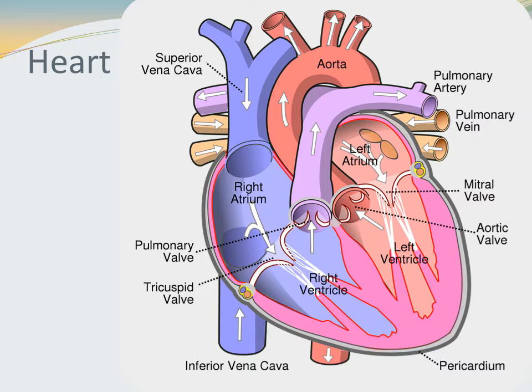This deoxygenated blood empties into the right ventricle and goes to the lung for oxygenation, and oxygenated blood returns through the pulmonary veins, two on the right side and two on the left side, to the left atrium and then the left ventricle. This oxygenated and nutrition-rich blood is pumped into the aorta and goes to the whole systemic circulation and to the body for bodily needs.